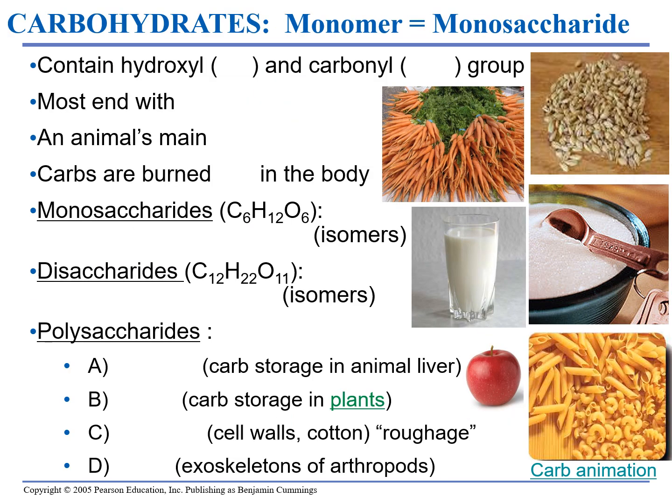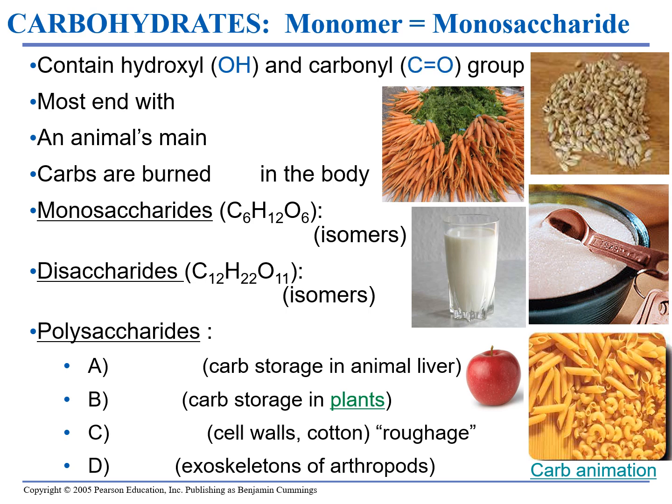So from all the categories that we looked at in the prior slides, we're going to discuss carbohydrates in detail. Carbohydrates are monomers or monosaccharides, and these contain hydroxyl groups, so that's OH, and carbonyl groups, which are carbon and oxygen with a double bond.